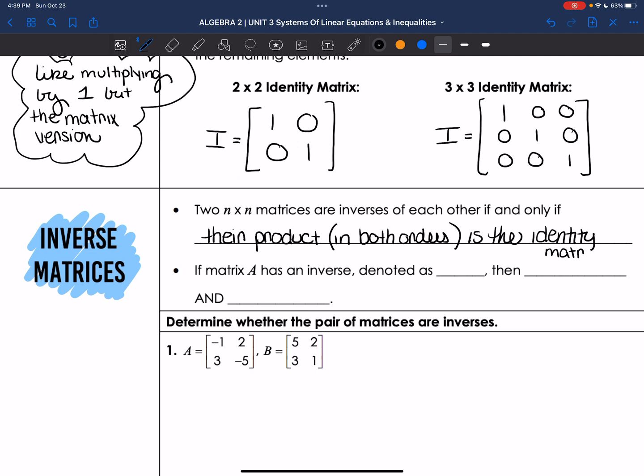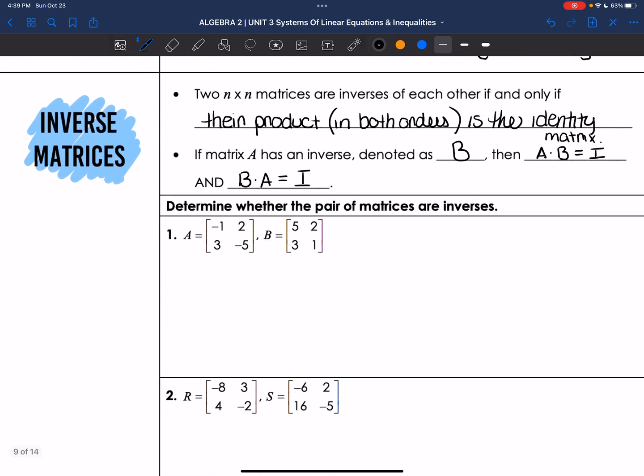So if matrix A has an inverse denoted as B, then A times B will equal I, where I is our identity matrix, and B times A will equal I as well.